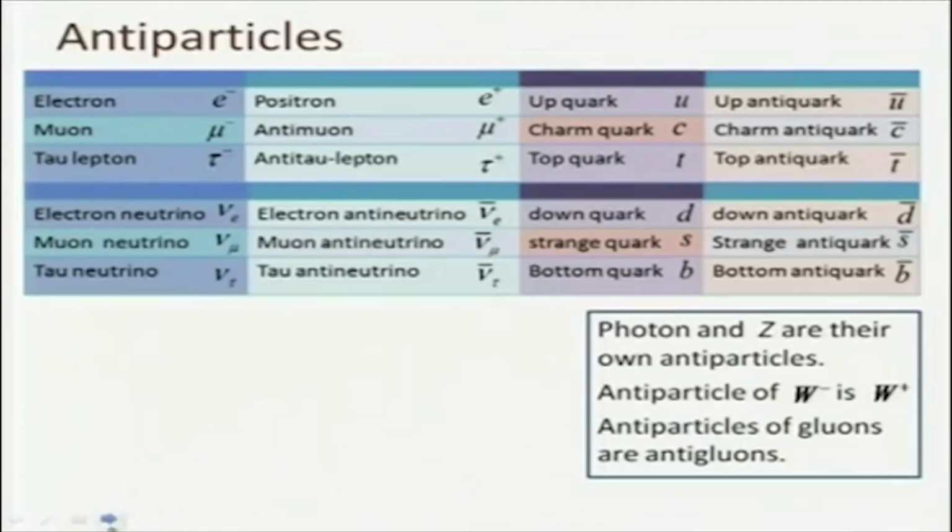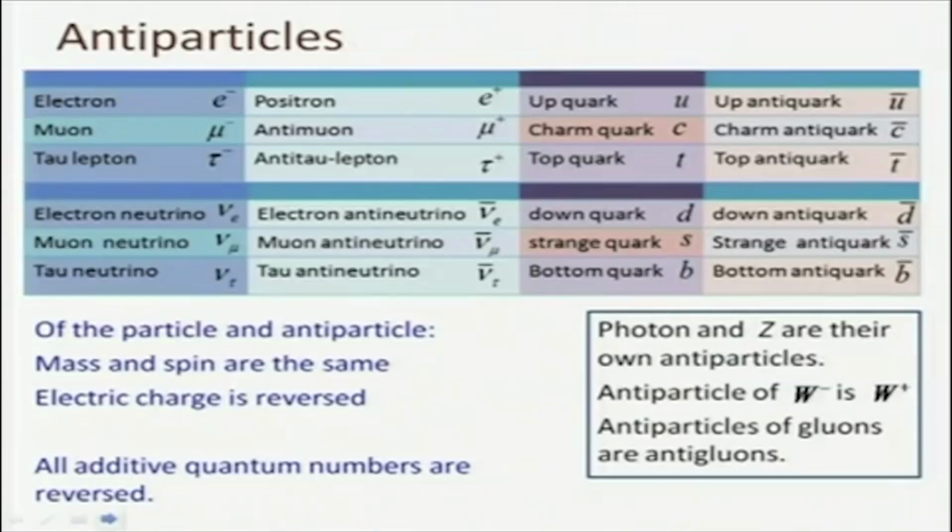There are differences between particle and antiparticle. As we mentioned, like in the case of positron and electron, mass remains the same, spin remains the same, electric charge is reversed. There are other additive quantum numbers also which are reversed.